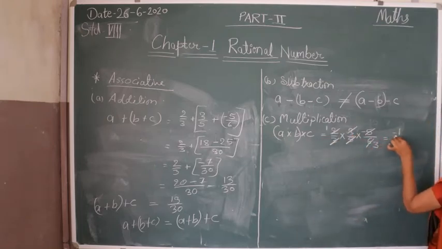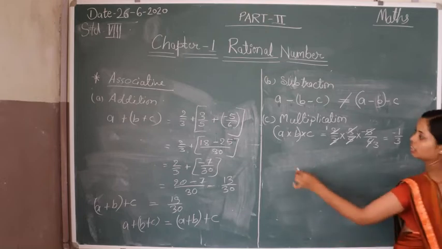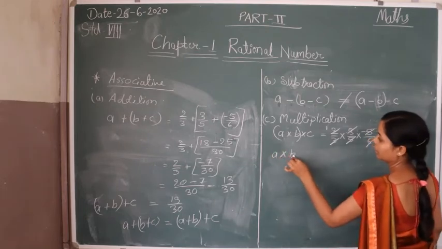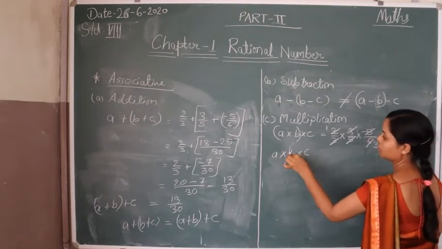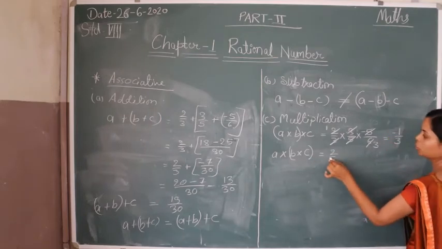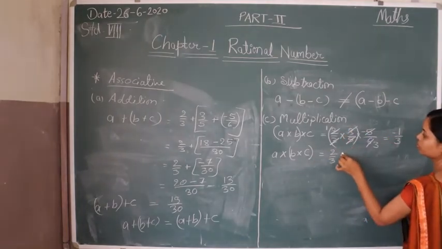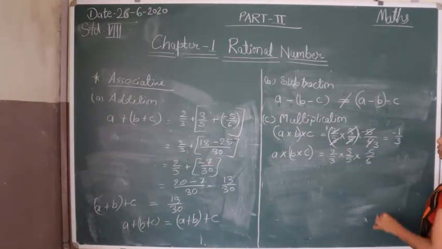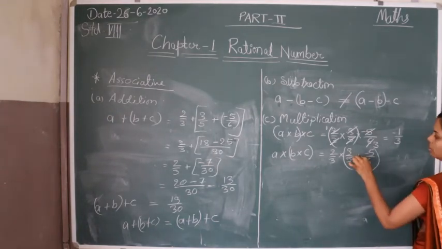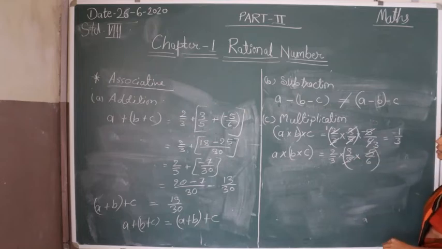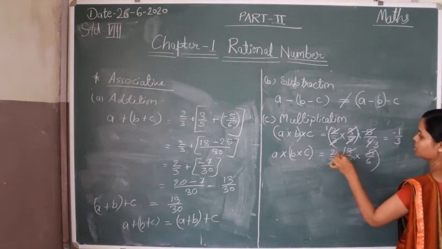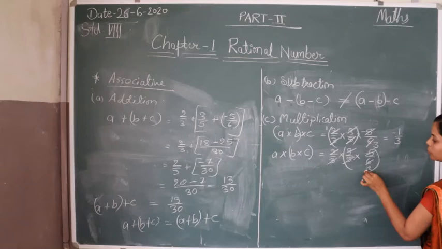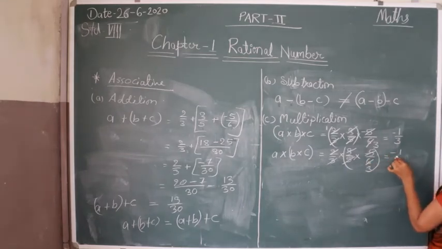So we get minus 1 by 3 here. Then again exchanging the bracket, 2 by 3, 3 by 5, minus 5 by 6. 5 is cancelled by 5, 3 is cancelled by 3, 2 by 3. So we get here the same answer, minus 1 by 3.